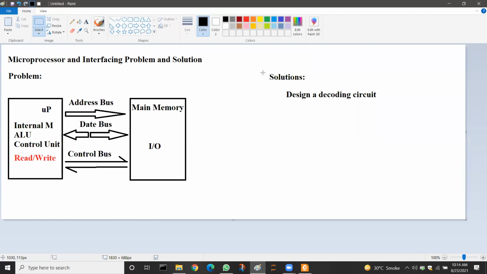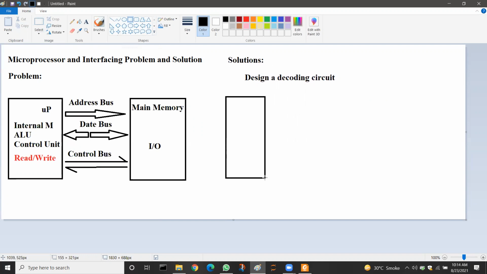This is the problem we have, and this is the way we work, and now we are talking about the solutions. Now, formulating a solution: we have a microprocessor, and we have the memory and I/O space.